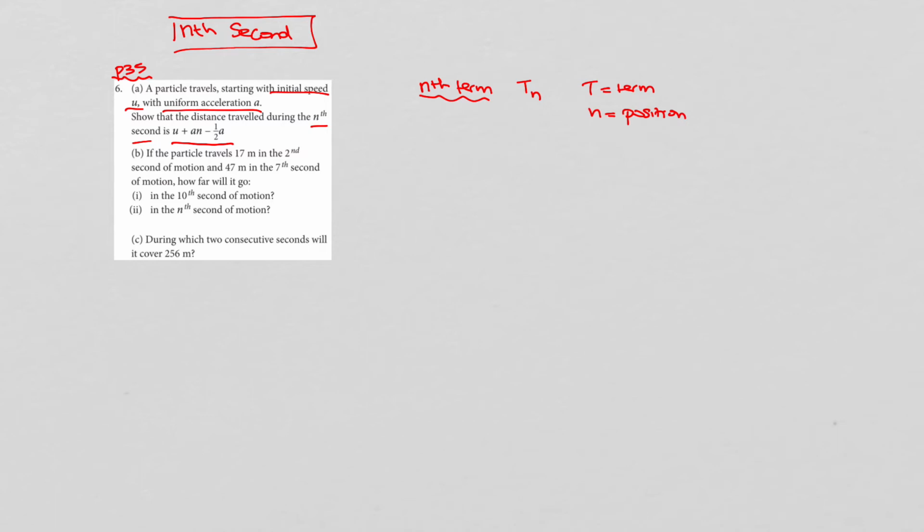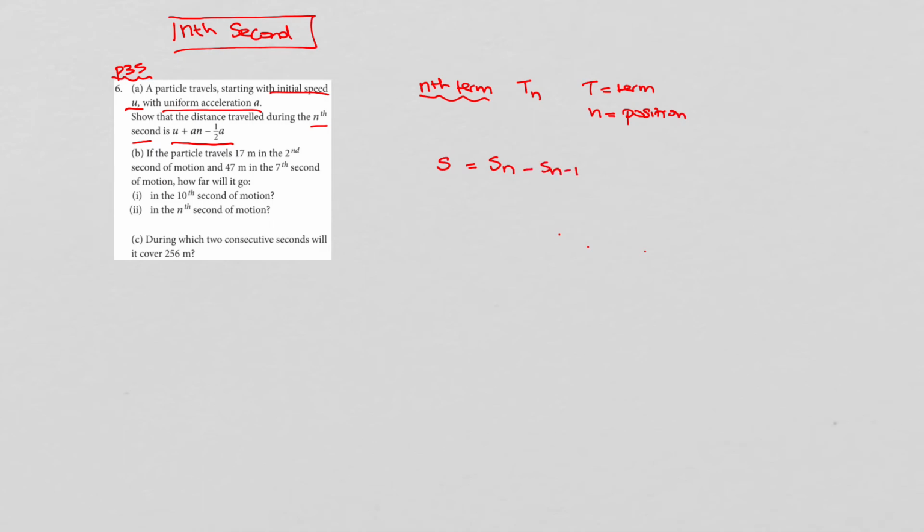So what that basically means is that if we look at the distance travelled, s, and we want to look for the distance travelled after, say, 10 seconds, and then we look at the distance travelled after 9 seconds, that would be 1 second less.